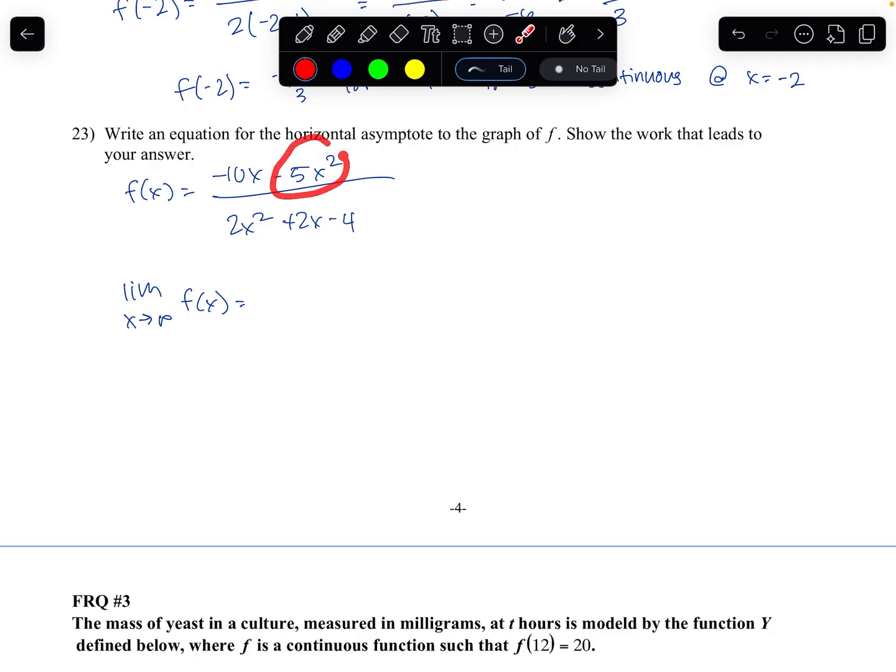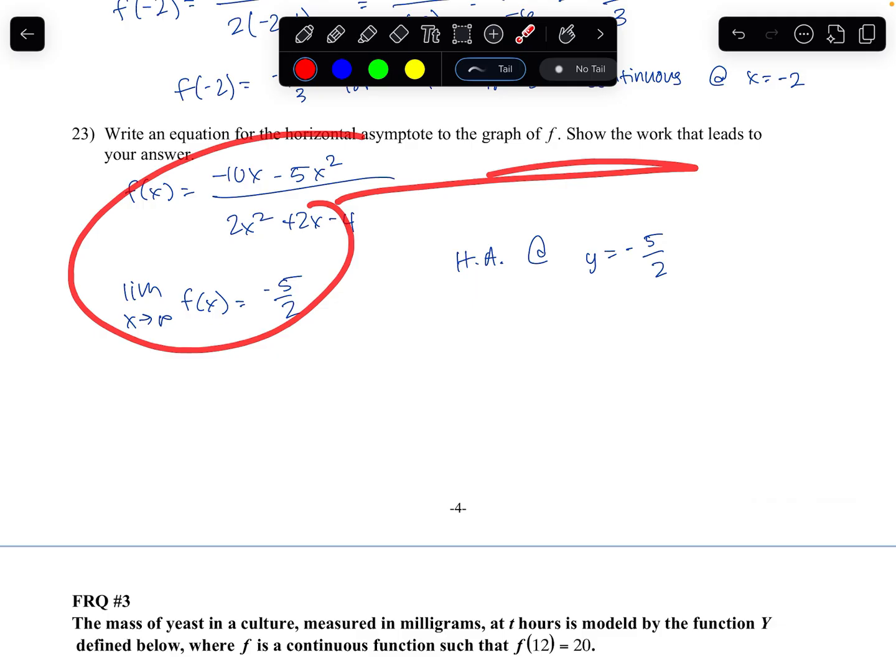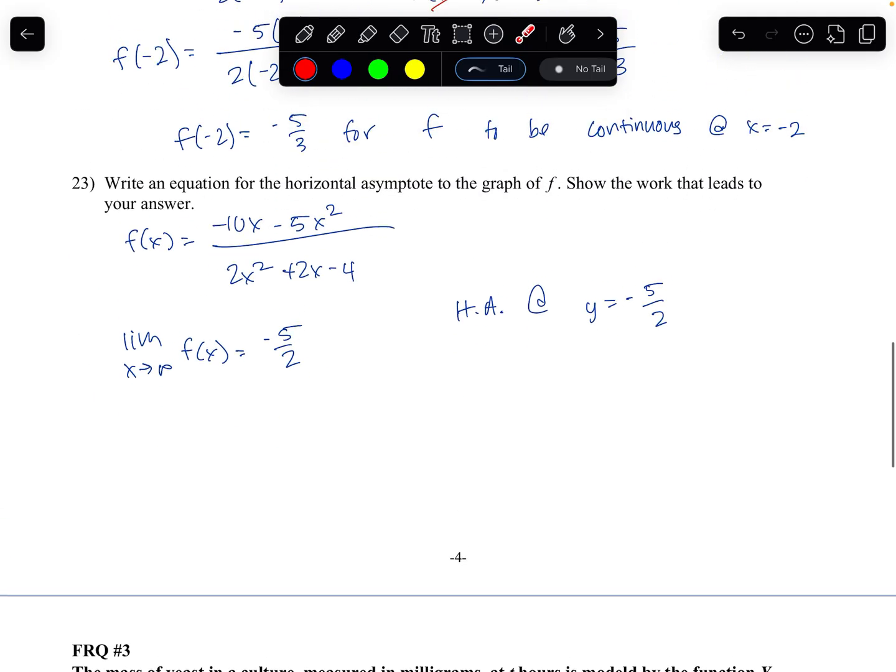So it's going to be equal to negative 5x squared over 2x squared. Since they have the same magnitude because they're both x squared terms, it's just going to become negative 5 over 2. So negative 5 halves. So horizontal asymptote at y is equal to negative 5 halves. So there you go. That's the equation, and this is the work for it. Okay. All right, and that's question number 2.